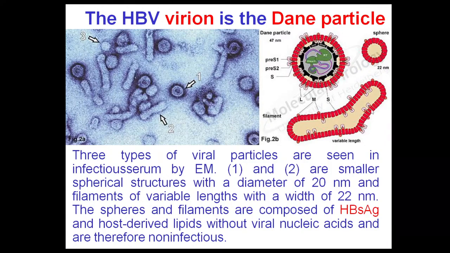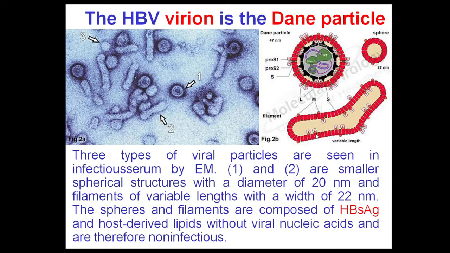They are filamentous, you can see like this, right? And they are spherical, you can see like this, but without an electron-dense core of the virus. So it means they are empty particles.